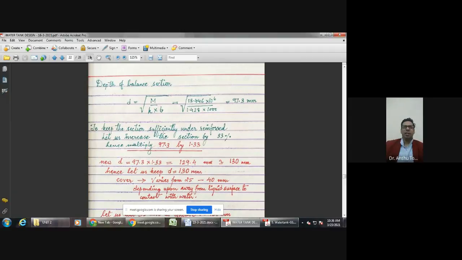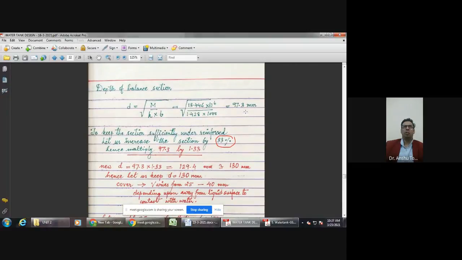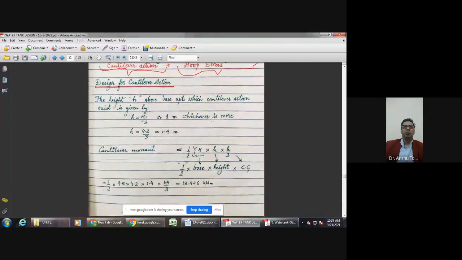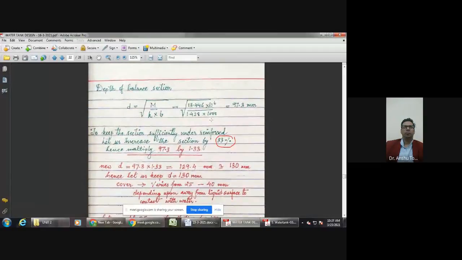Now, to keep the section sufficiently under-reinforced, let us increase the section by 33%. Let us go back for a moment. In this case, we have the wall thickness as 97.3 mm straight from the formula.